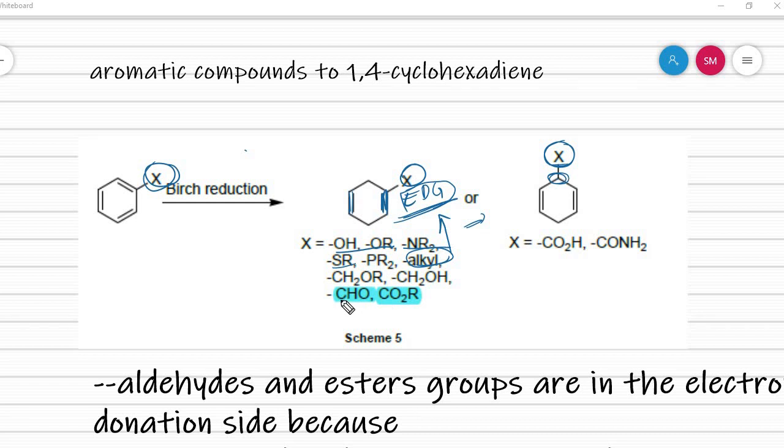Here one exception is there. Carbonyl groups like aldehydes and esters are generally electron withdrawing groups, which decrease the electron density. You would expect the product like the withdrawing case, but they give the product similar to the electron donating group.